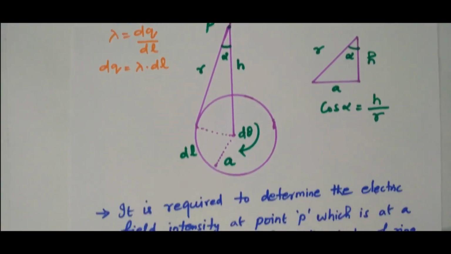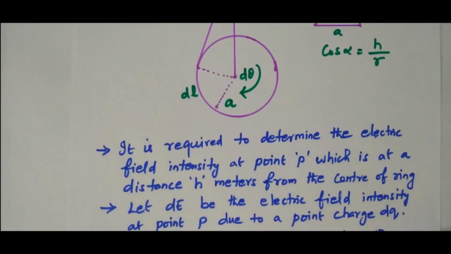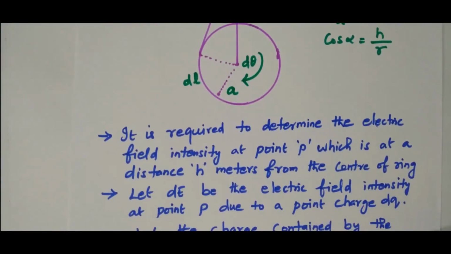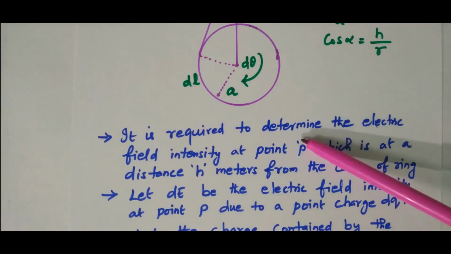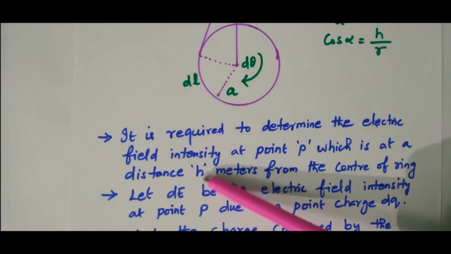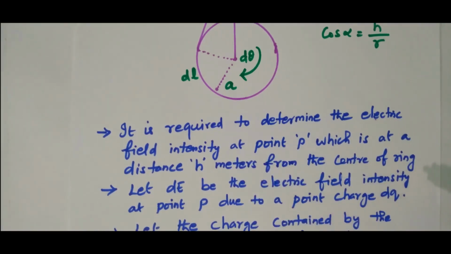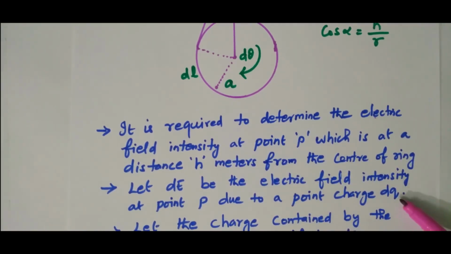Now we'll see the description. It is required to determine the electric field intensity at point P, which is at a distance h meter from the center of the ring. We have the point P, which is located at a distance h meter. We consider only a small charge, so the electric field intensity is also small, dE.